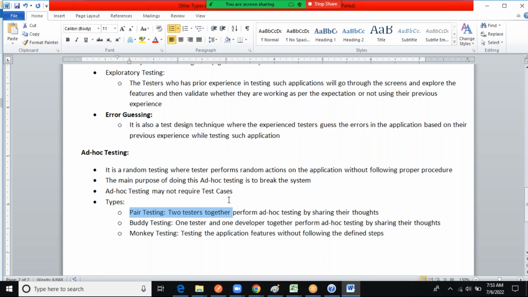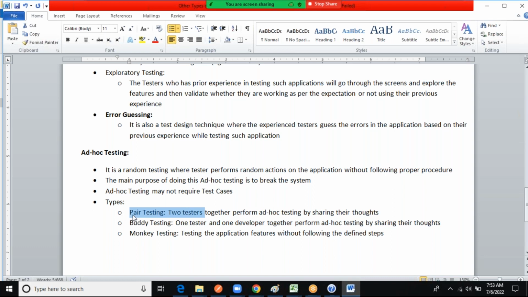Or for very complex functionality, they don't use this in the sense of randomly doing something. They will use this word for proper integration testing and proper functional testing only. They will use it if you are testing a very complex requirement, and there are n number of test cases, but it should be tested very quickly. Then they share those test cases among two people and they test together.